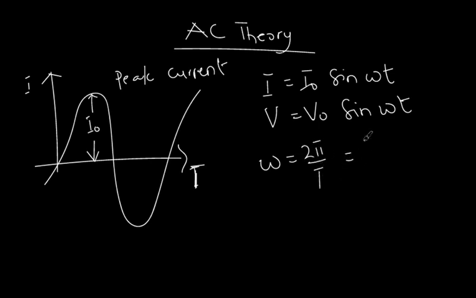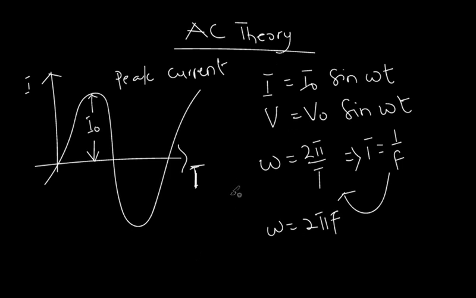And we know that time is inversely proportional to frequency. So if we substitute this in place of t over here, we get angular velocity to be 2 pi f.